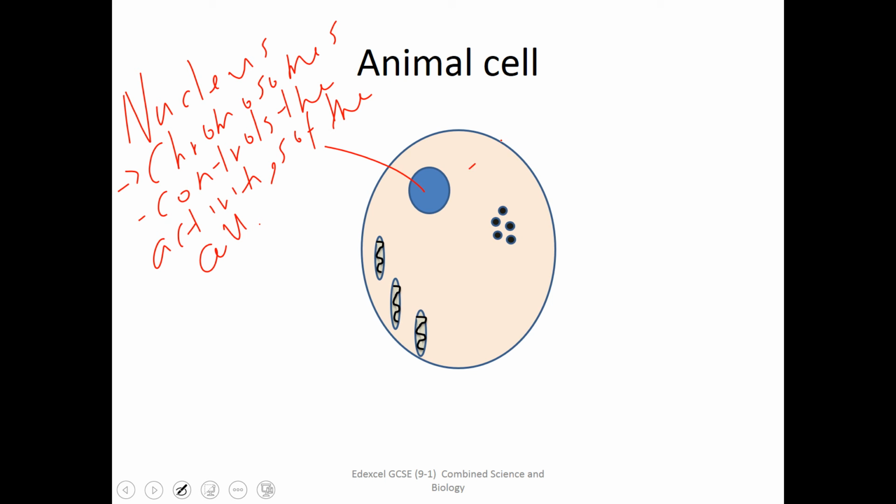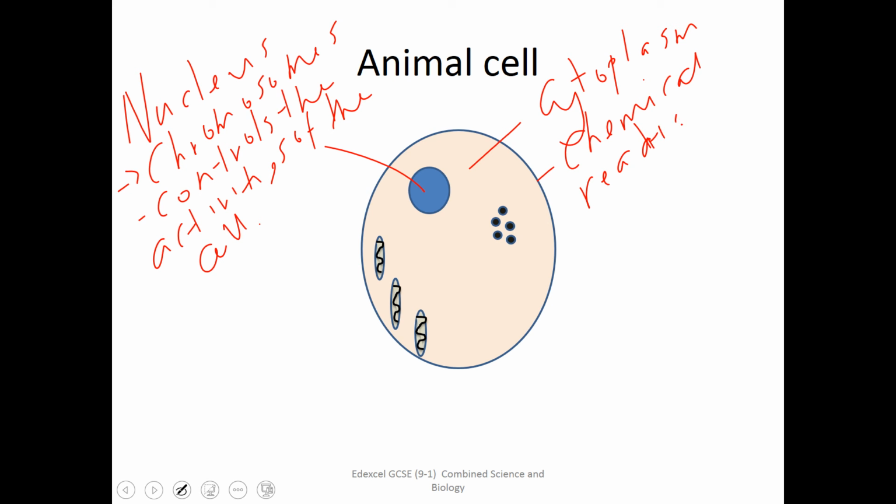We then have the cytoplasm. The cytoplasm is a jelly-like structure where all the chemical reactions occur. We then have the cell membrane.